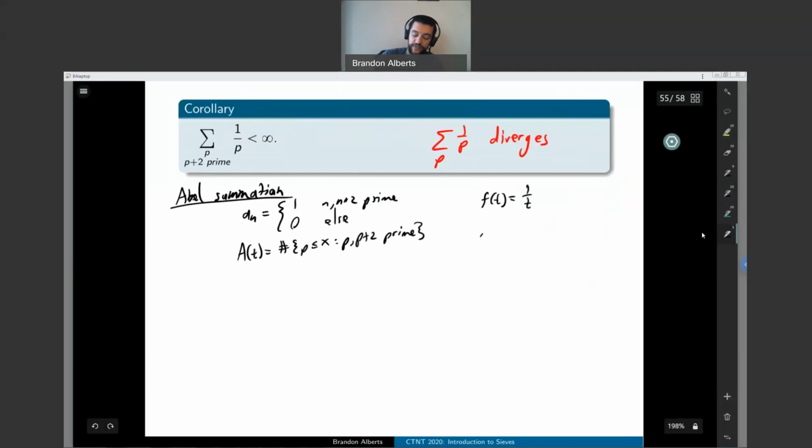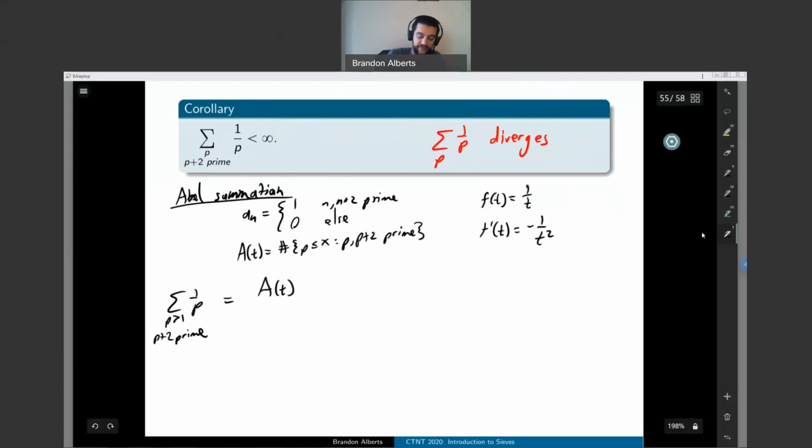The functions would be 1 over t and the derivative minus 1 over t squared. So we do this process. We know that all primes are bigger than 1, so I can put a bigger than 1 right there.